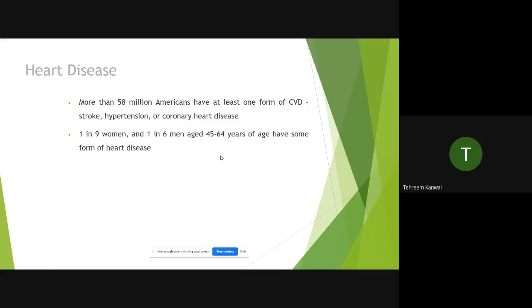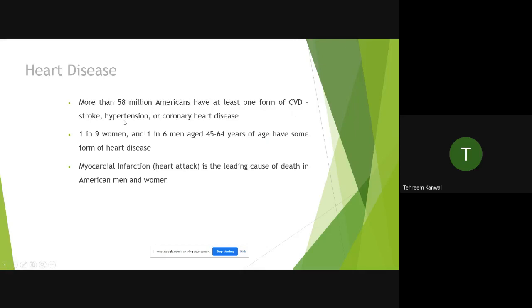So what is the importance in the diseases related to lipid and cholesterol? Cholesterol is well known for causing pathology in heart diseases, especially in causing a heart attack, which is also called myocardial infarction. About 58 million Americans have at least one form of CVD, which is cardiovascular disease.